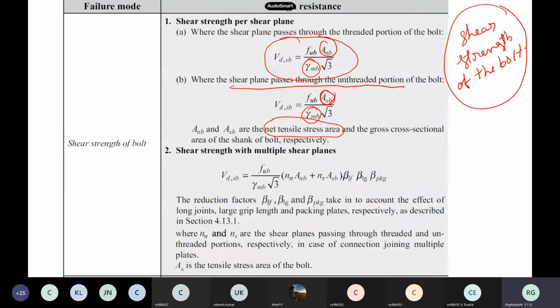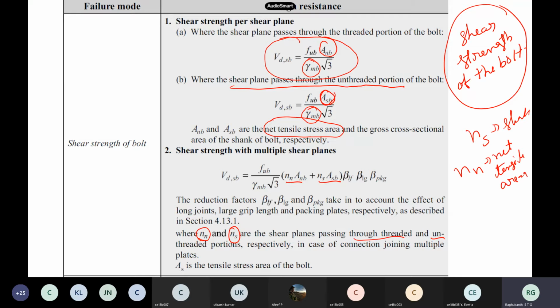Then the code says you have to add both of them. So n_n is the number of shear planes passing through the threaded portion, that is the net tensile area, and n_s stands for the shank. So this is the guideline.